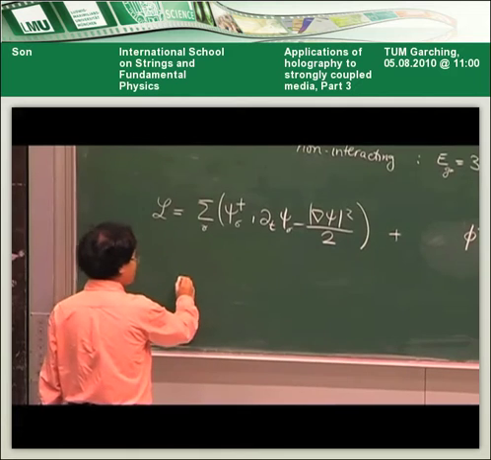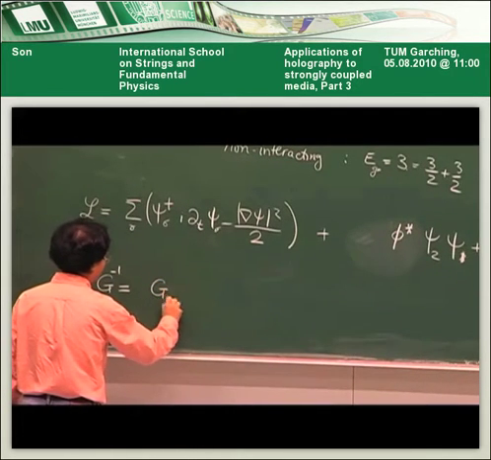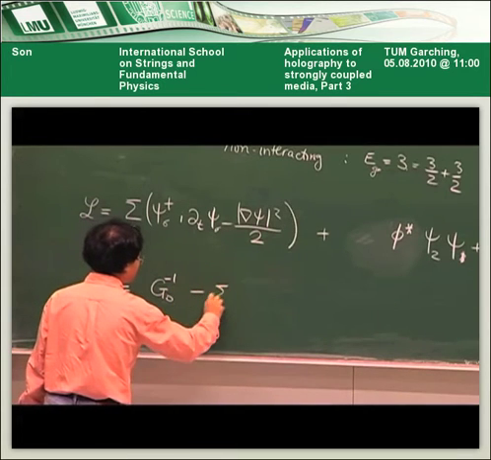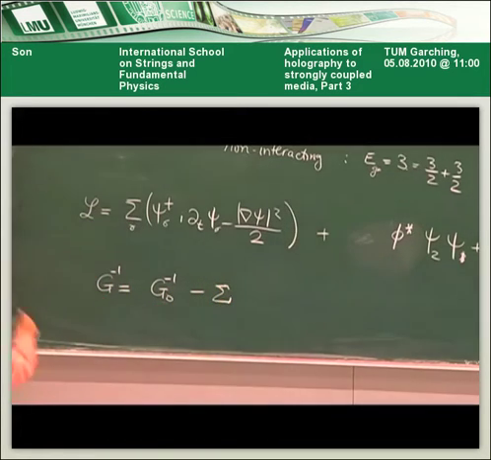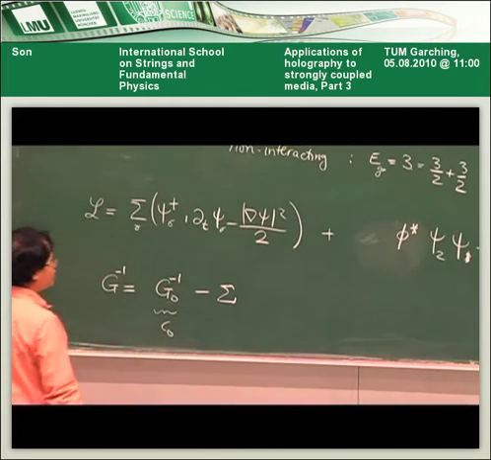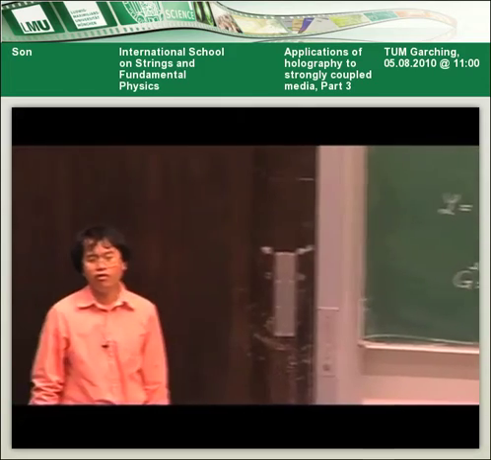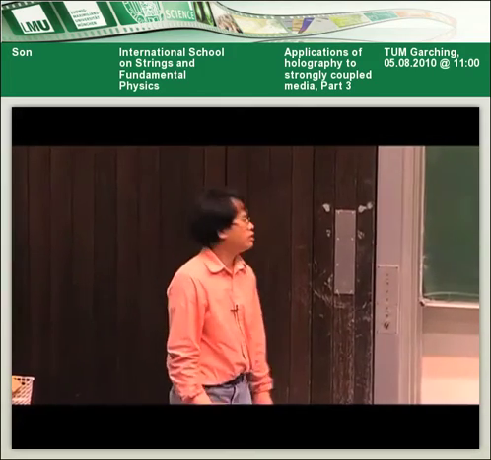So we write the usual expression for the full propagator. The inverse of the full propagator is the inverse of the bare propagator plus the self-energy. So this one is c naught, and we have to draw some diagram for the self-energy.